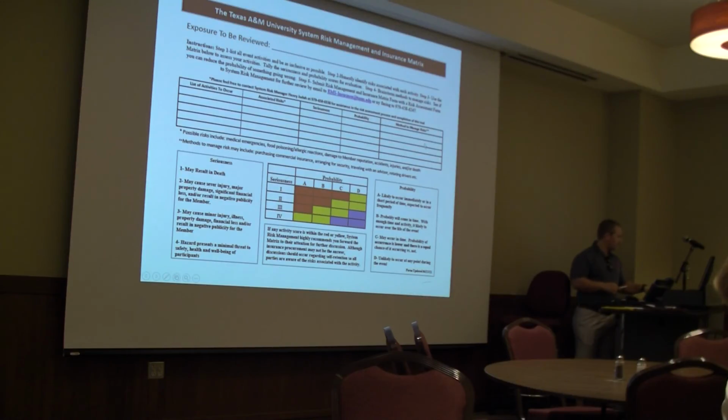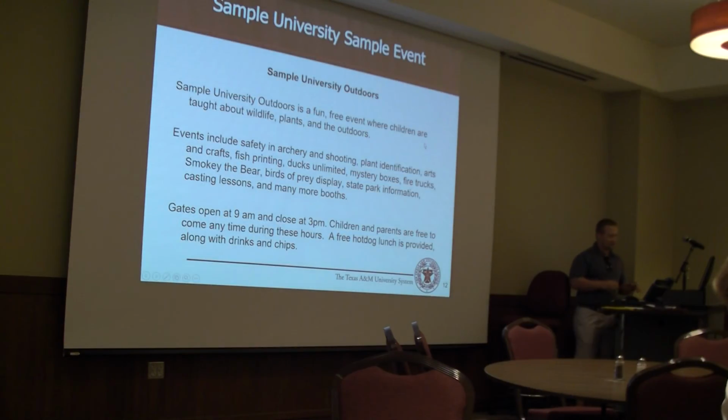I also talk with them about how a lot of our groups tend to be very good at proactive, forward-thinking skills when it comes to risk management. They'll say, okay, we're going to do X, Y, and Z in order to prevent something from happening. That's great, that's a good start.